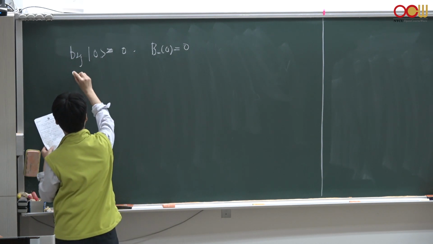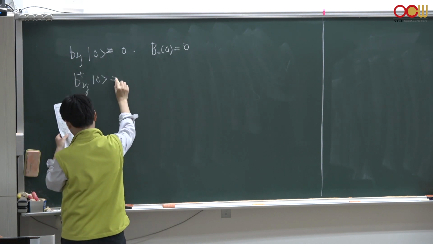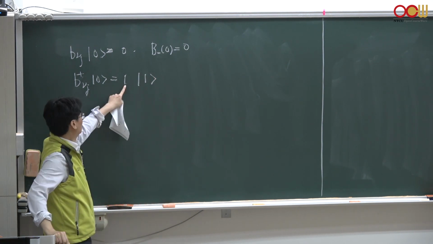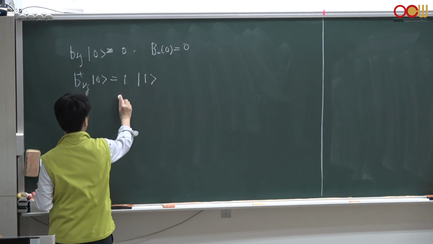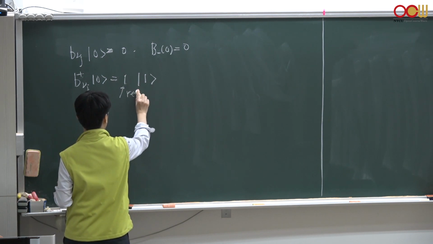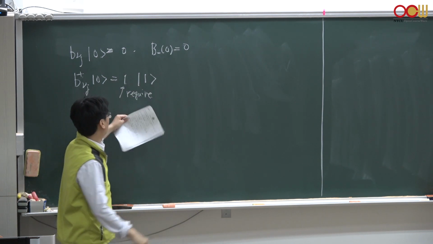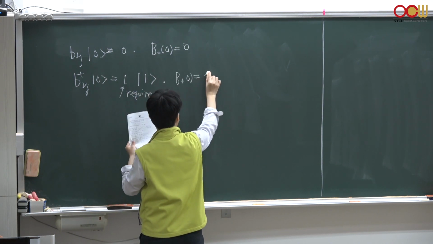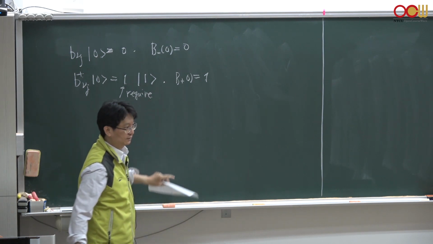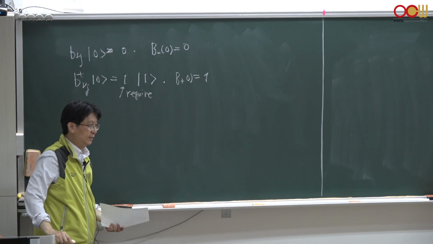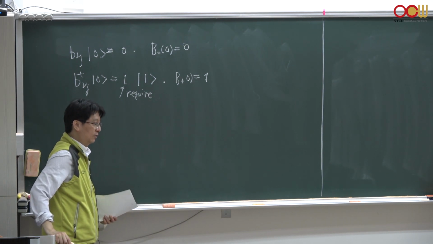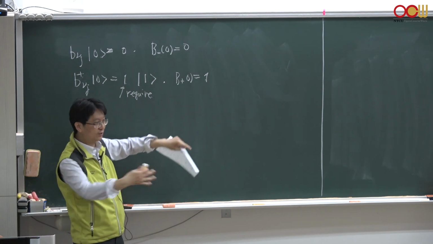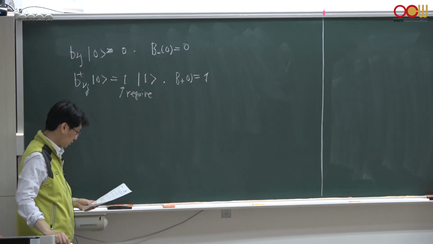And we can also require the coefficient to create a single boson out of the vacuum to be 1. Of course, this prefactor B plus 0 being 1 is not the only option we can take, but just for our convenience, we can call this coefficient 1, and we can continue our construction.